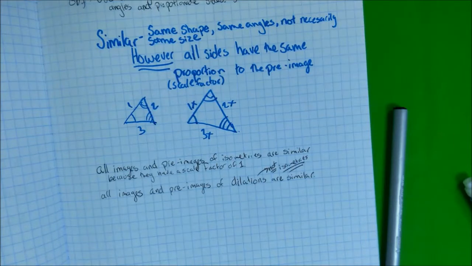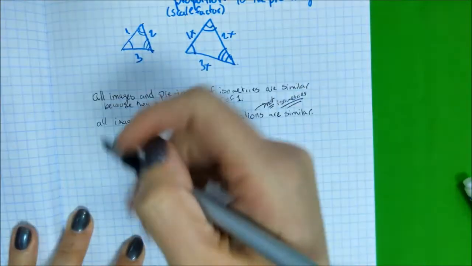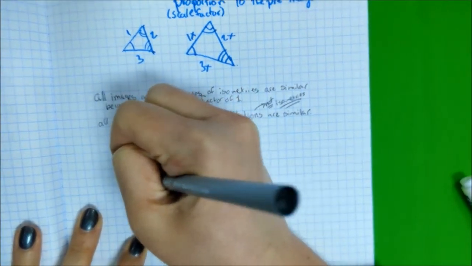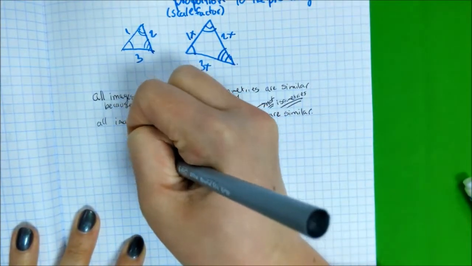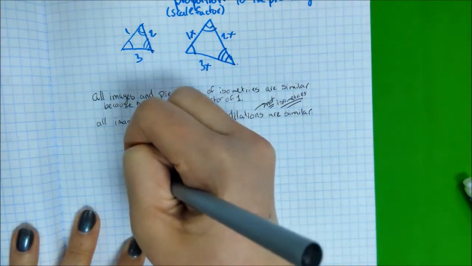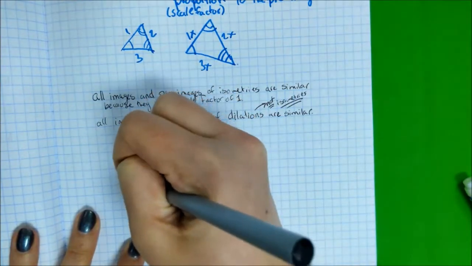Okay? So we have a little bit of different notation for similarity than we do congruence. So let's say I had two shapes. Okay. Let's say I had 90, 45, 45.